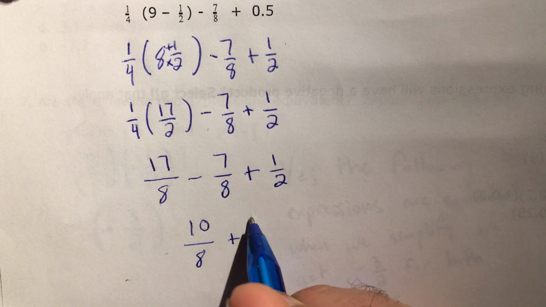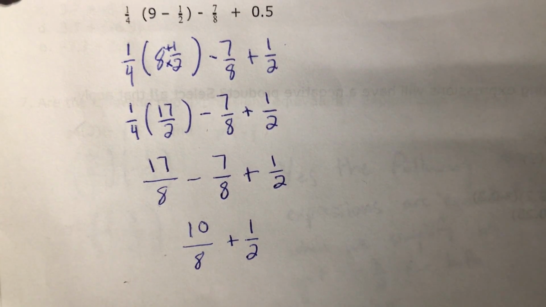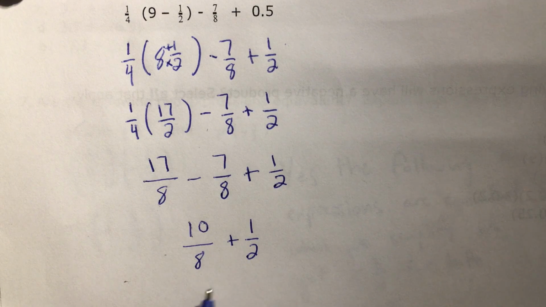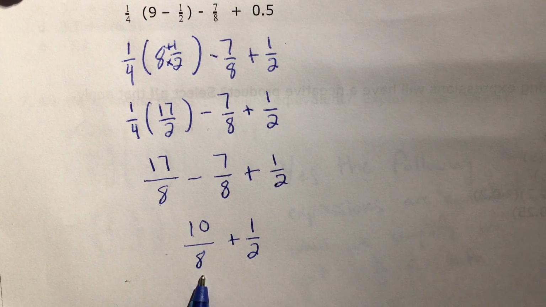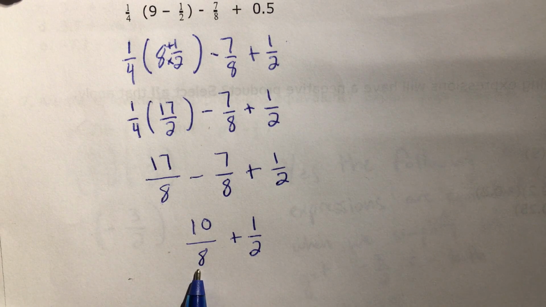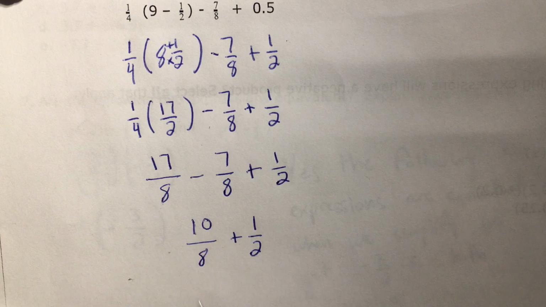I now bring down the plus 1/2. But now I have to add. And again, I cannot add or subtract unless my denominators are the same. Well, my first fraction has a denominator of 8, and my second fraction has a denominator of 2. So I need to change this 2 into a denominator of 8.